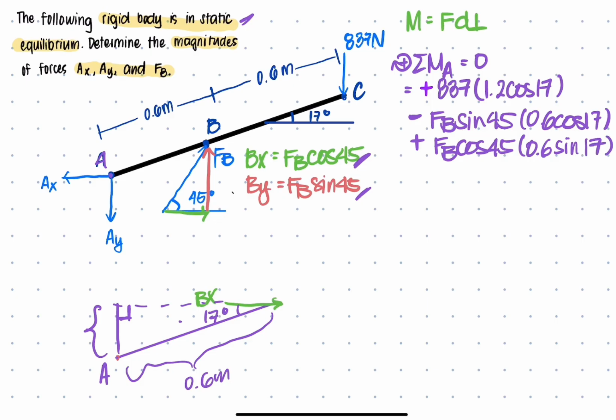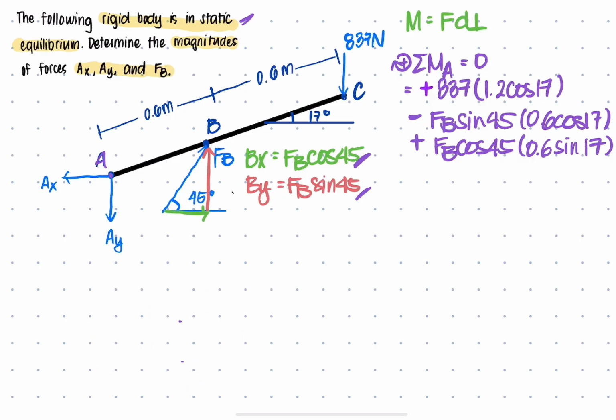Okay. Tapos again, hindi na natin kailangan i-consider si AX or si AY kasi hindi naman sila nagkakos ng moment at point A. If you solve this, you can solve this using algebra or pwede rin yung solver function ng inyong calculator.